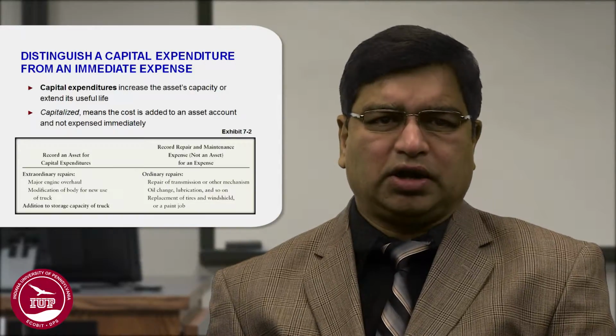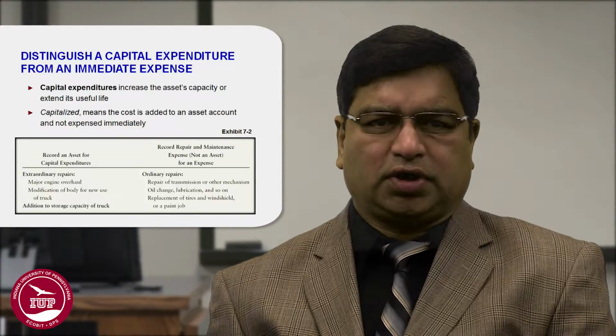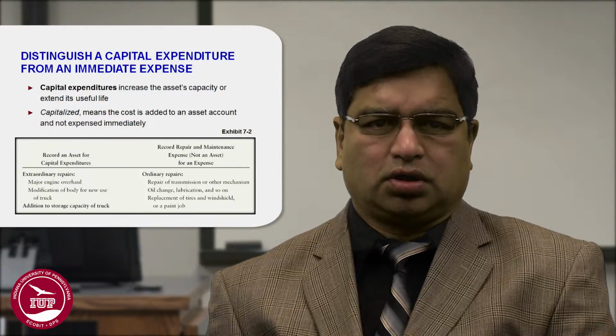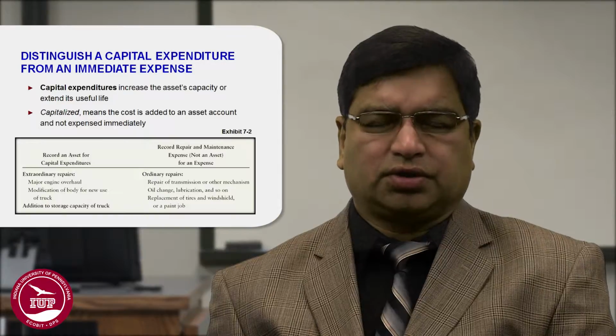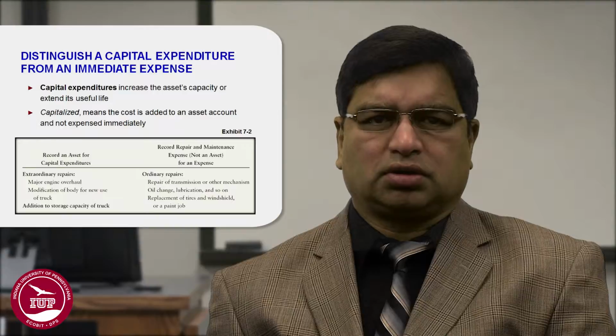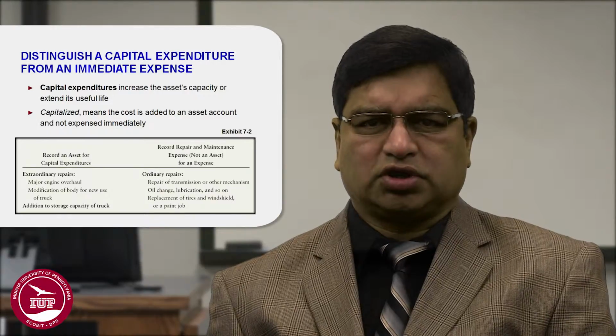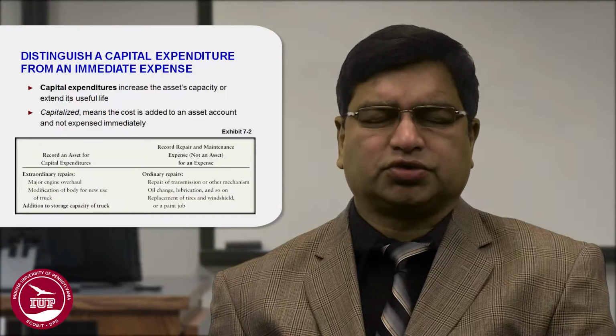For example, any extraordinary repairs, major engine overhaul, modification of body for new use of truck, etc. Those are all capital expenditures, and they are not expensed like repairs of transmission or other mechanisms.